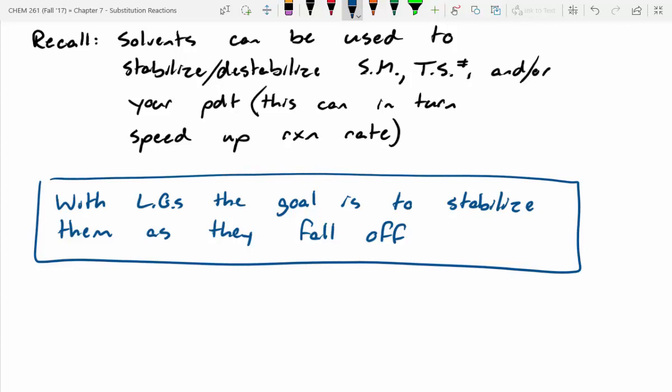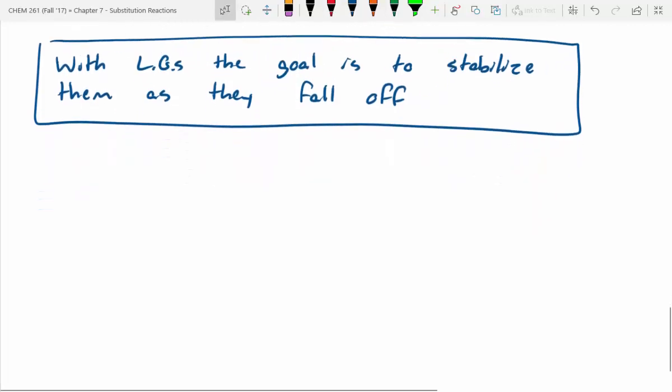All right, so the goal with leaving groups is to stabilize them as they fall off. And what were you saying again, Kisan? Protic. Protic? Why is that? Because it can H-bond as it falls off. So it can H-bond to your leaving group, which helps it fall off in a more stable manner, right? So H-bonding can kind of catch that leaving group, hydrogen bond it, and then it falls off into an H-bonding shell, essentially. So let's write that down.